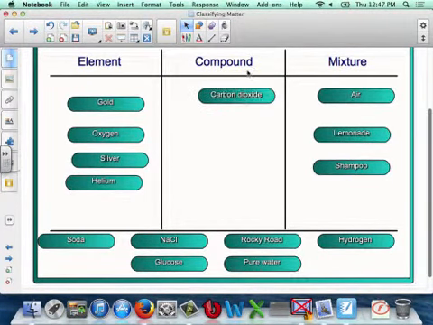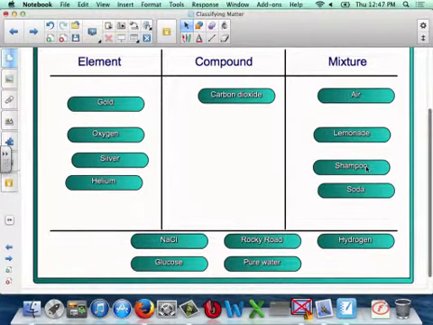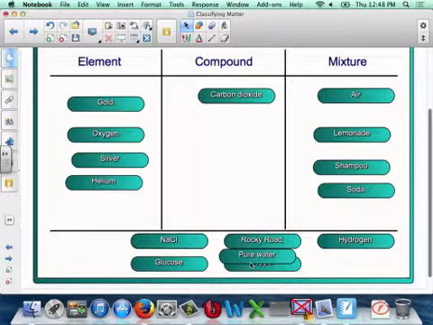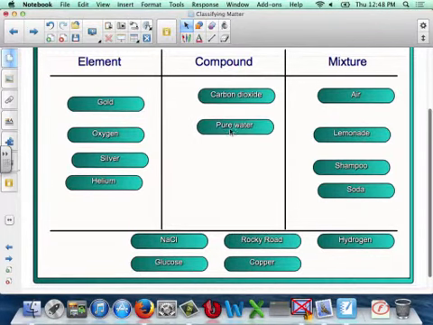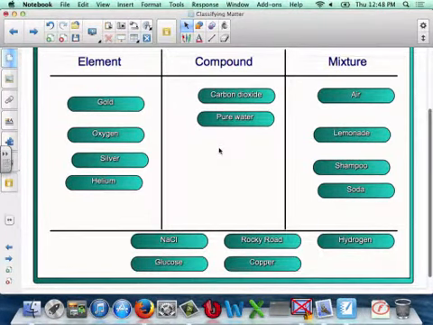Carbon dioxide is a compound. Soda is a mixture. Courtney. Pure water, where does that go? Say a little bit louder. Water is not going to be an element, guys. Remember, water is H2O. That's going to be a compound.